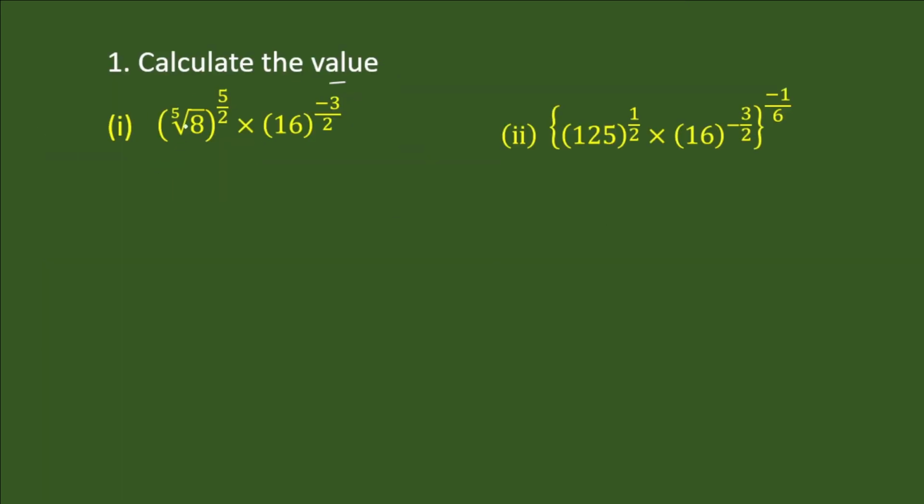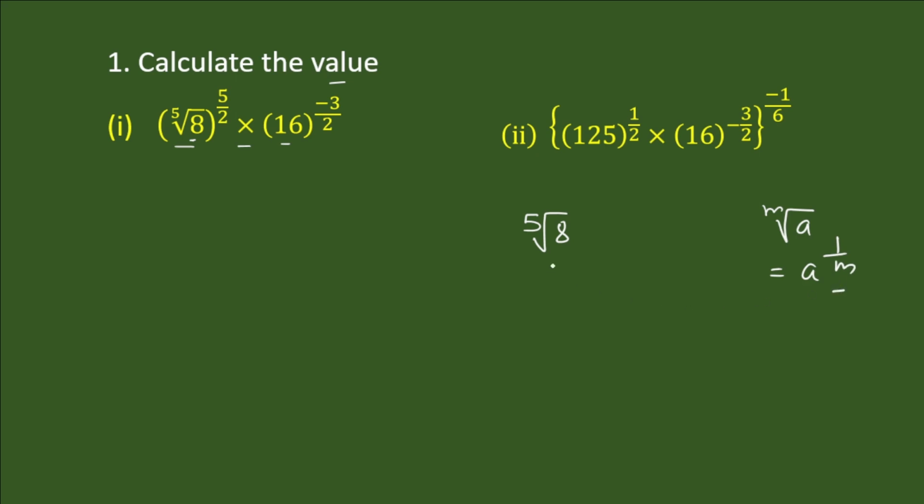The first question is: the fifth root of 8, whose whole term is powered by 5 by 2, multiplied by 16 with power negative 3 by 2. How will we solve this? The fifth root of 8 is in the form of the m-th root of a, and we write it as a powered by 1 by m.